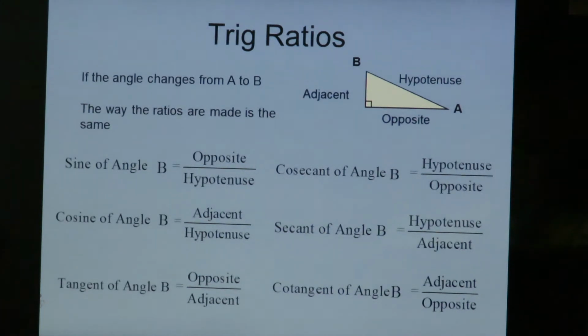The ratios will be the same, but how we take the sides is the importance. So the definition of these ratios does not change with the angle, but the sides, how we take them, will change. So be careful while taking the sides.